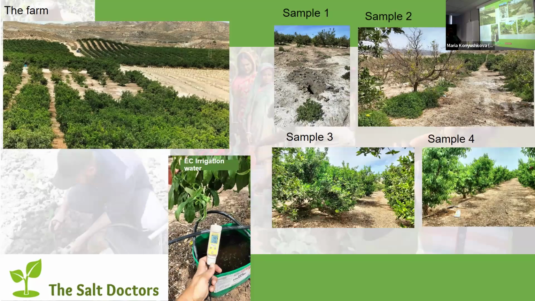And there are about 10, 14 hectares of fruit trees.